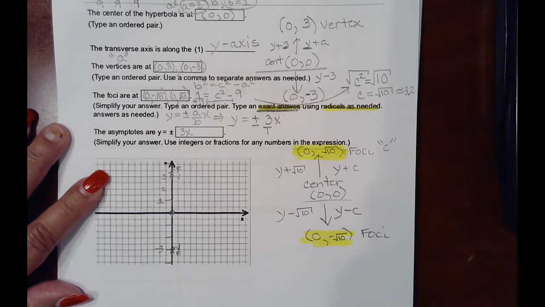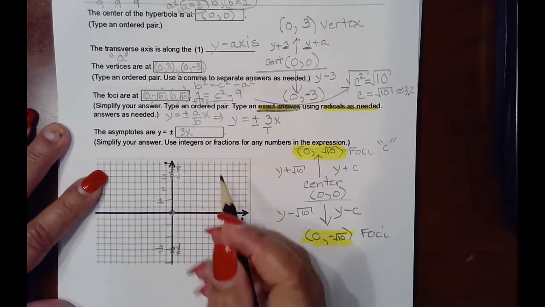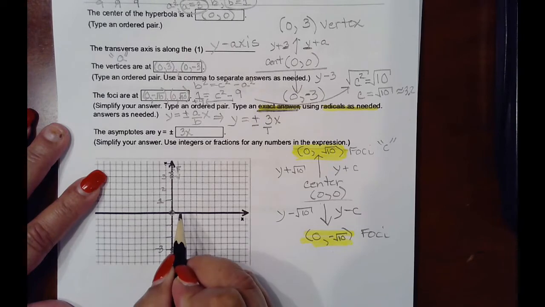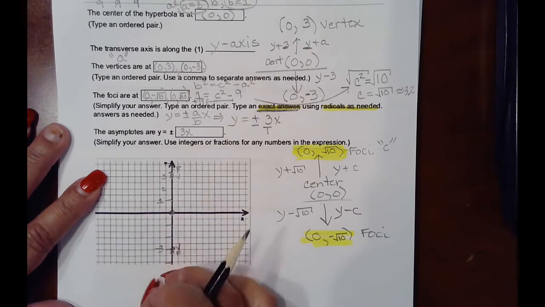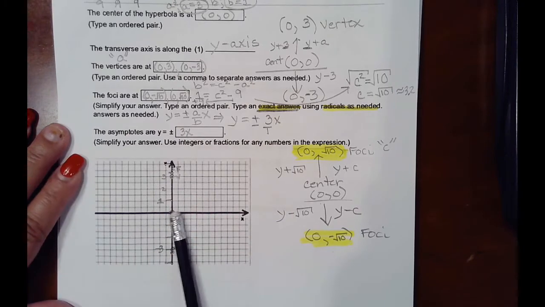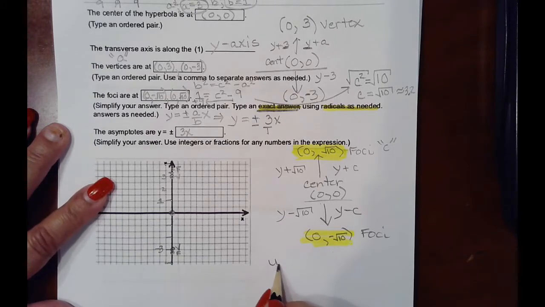Graphing. You need to graph A and B to create that auxiliary box. So we already have A. From the center to the vertex is A. That is a distance that's on your transverse axis. But if you create the conjugate axis, you're using the B value.